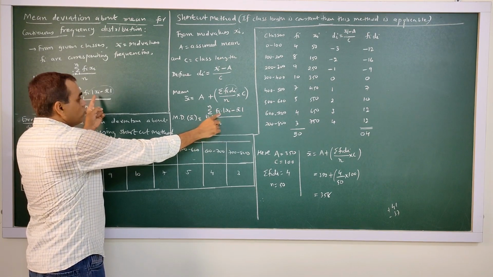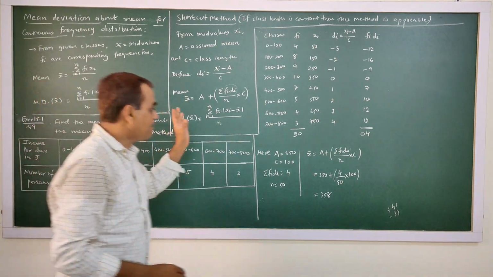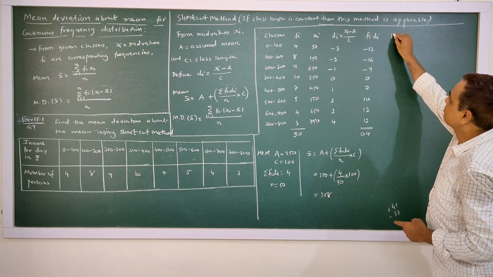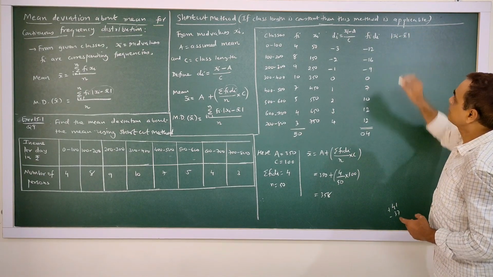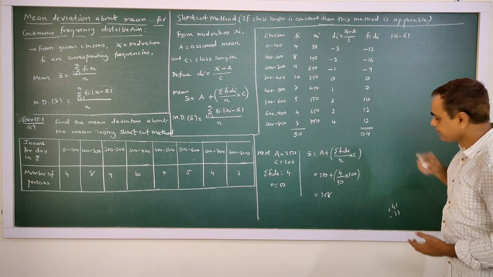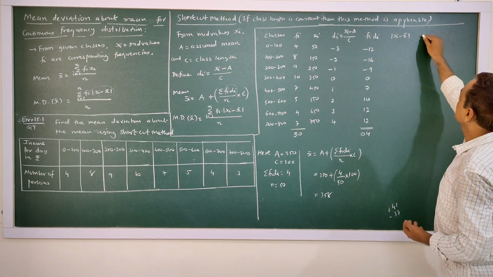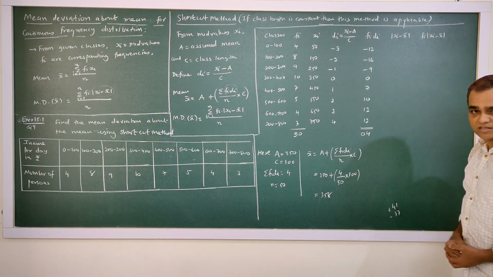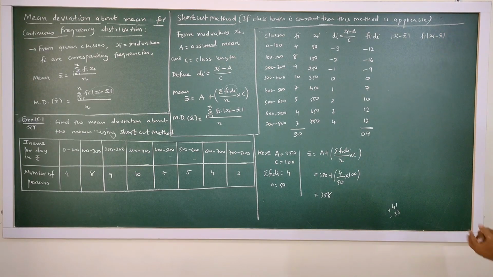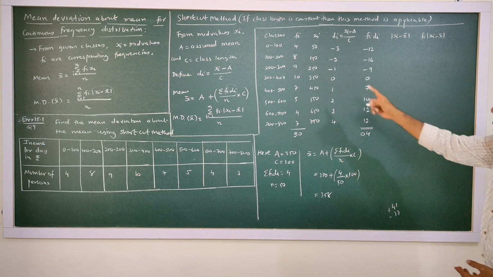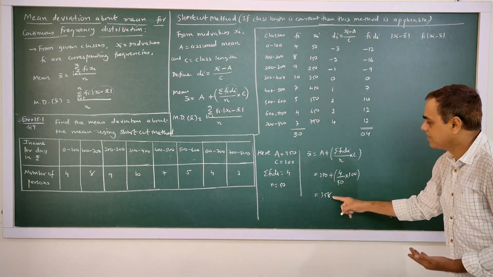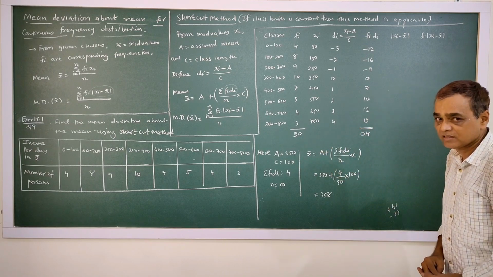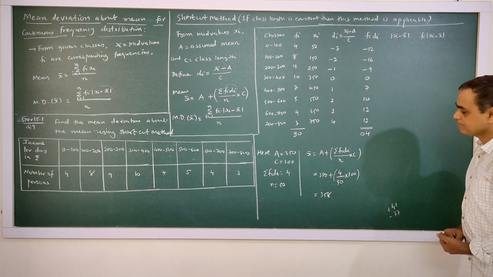Here, fi into modulus xi minus x bar will be the same, because xi are the same and x bar is the same in the previous method and this shortcut method. So this value will be the same.